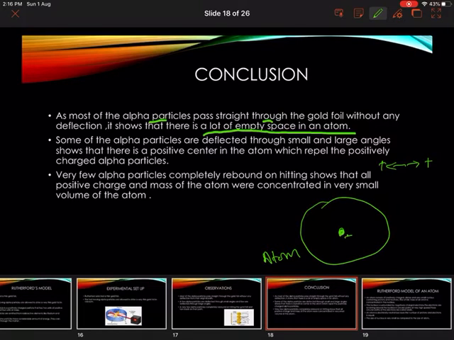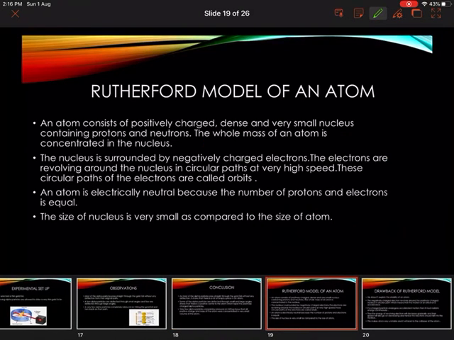There should be something in the middle that contains positive charge because of the deflection. Very few alpha particles completely rebound, which means that all the positive charge and mass of the atom are concentrated in a very small volume of the atom, which is the nucleus.